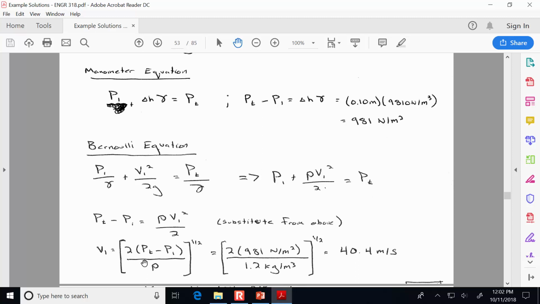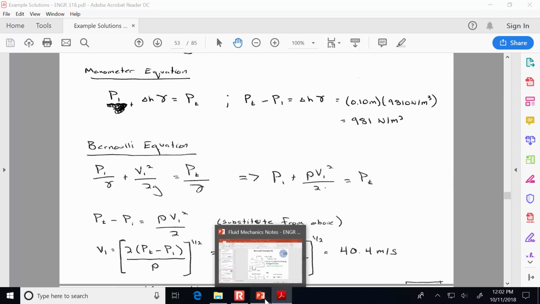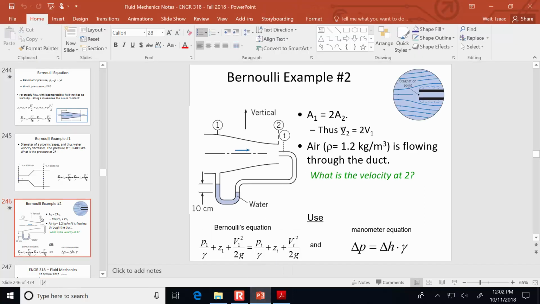And we can substitute in this equation where we've just rearranged Bernoulli's equation to solve for the unknown velocity at 1. If you have some change in pressure, you know that it's partly caused by the velocity at 1. And then in the problem statement, it said that the velocity at 2 is going to be double the velocity at 1. Thus, V2 is twice V1. So then, from that, we know V2 is 80.8 meters per second.